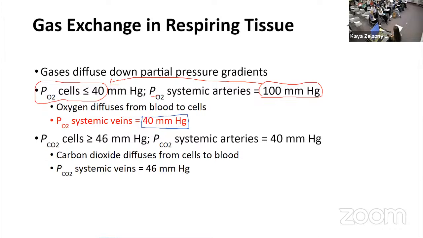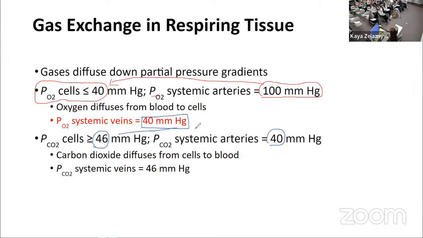So when we're tracking the carbon dioxide, the carbon dioxide in the cells is building up because those cells are respiring. They're producing carbon dioxide as a byproduct. So you have a partial pressure of about 46. The arteries coming to the tissue had a lower partial pressure of 40. Okay, so this means that we're going to go from 46 to the lower number 40.